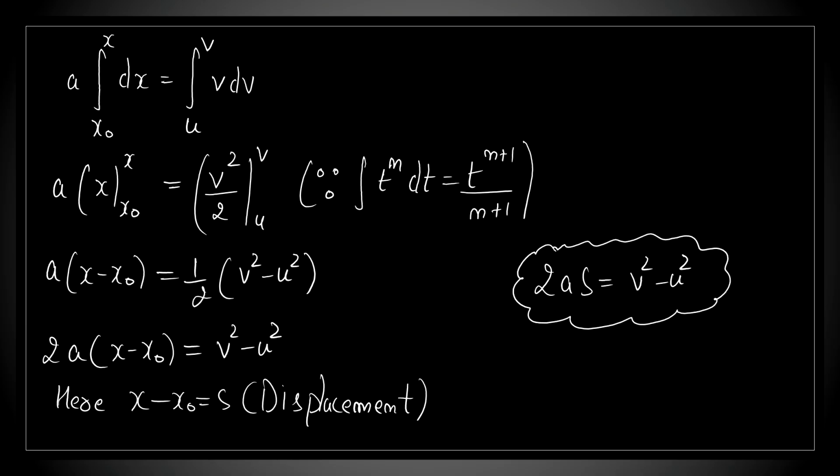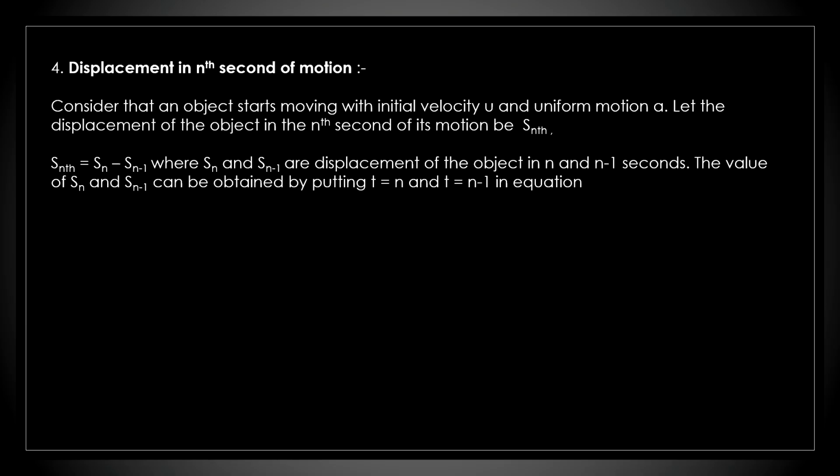Okay, then last equation is displacement in nth second of motion. Equation is s nth equal to u plus a upon 2 into 2n minus 1. This is the equation.